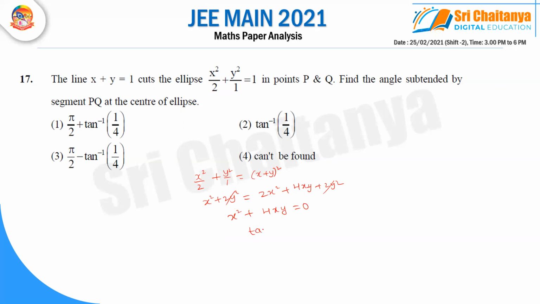So tan theta will be 2 root of h square minus ab by a plus b. The h value is 2, so h square is 4 minus ab divided by 1. So it will be 4. Tan theta equal to 4 should be my answer. So using this, you can get the answer as pi by 2 plus tan inverse 1 by 4.